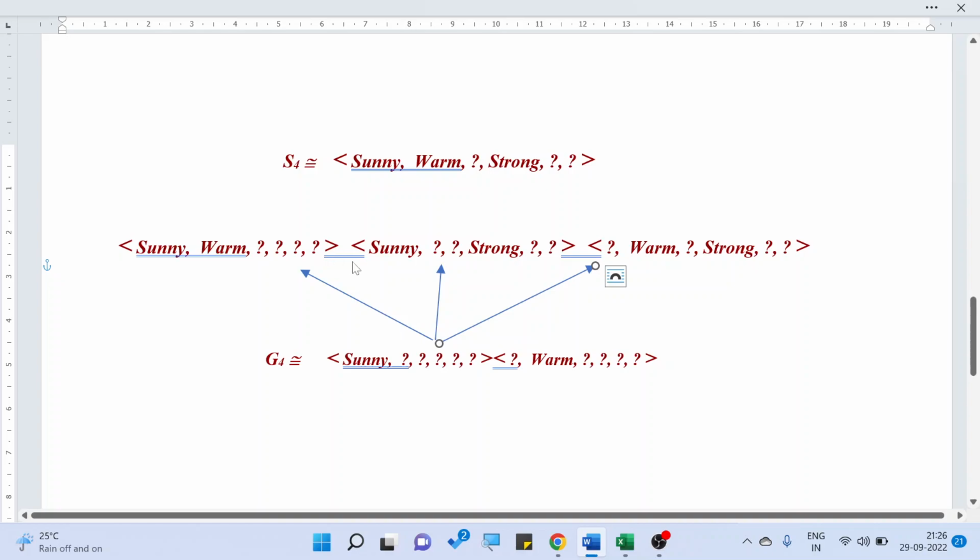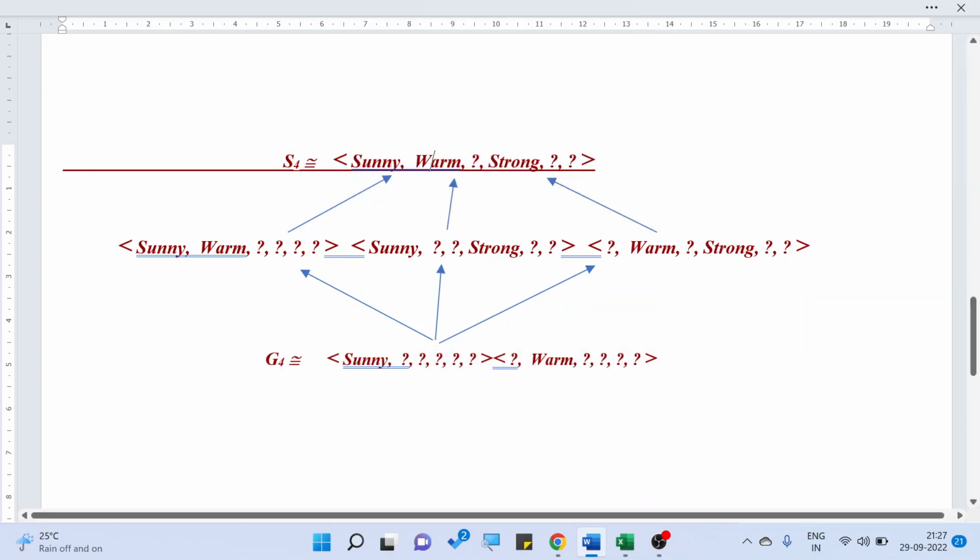So this is the more specific symbol. So this is the most general and this is the most specific.